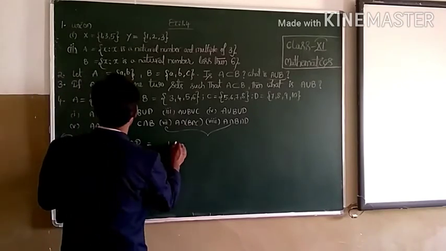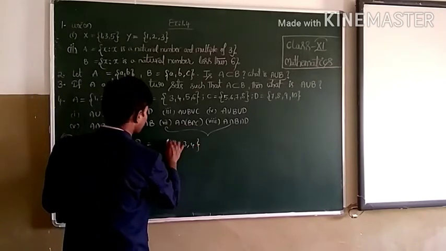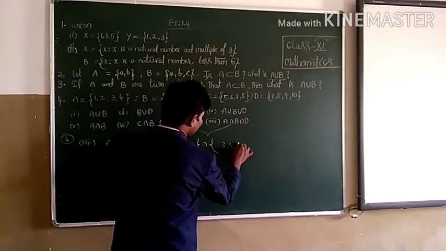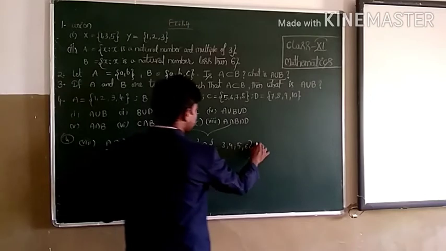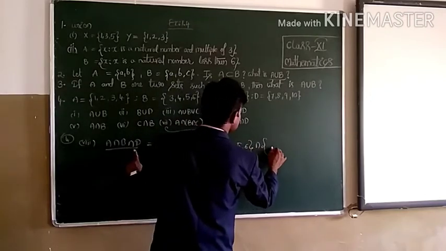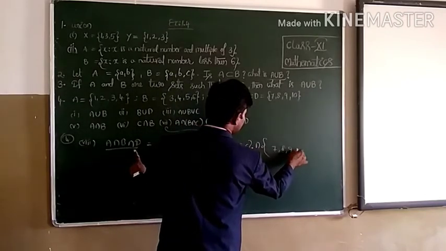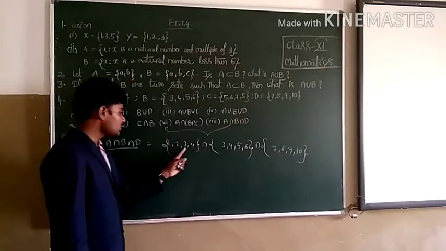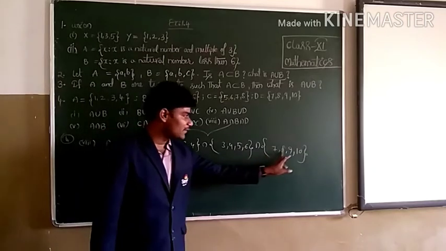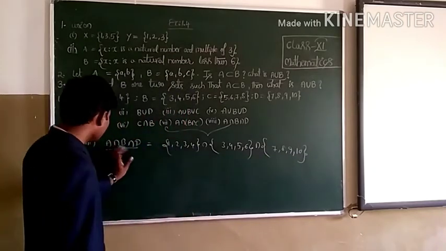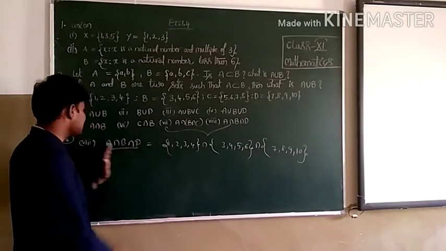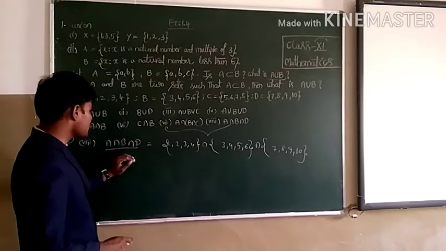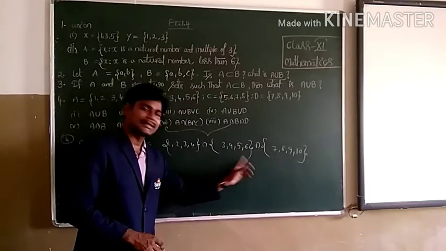First A is 1 2 3 4, intersection B is 3 4 5 6, intersection D is 7 8 9 10. There is no special bracket and no separation like this, right? So you need to observe the common elements among the 3 sets.